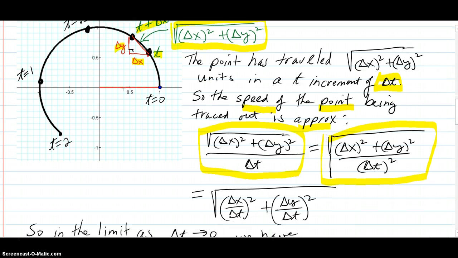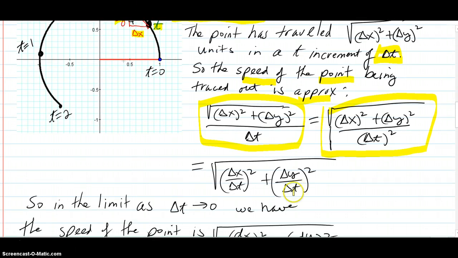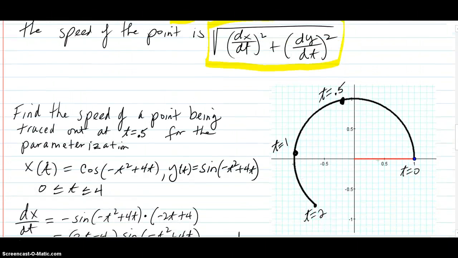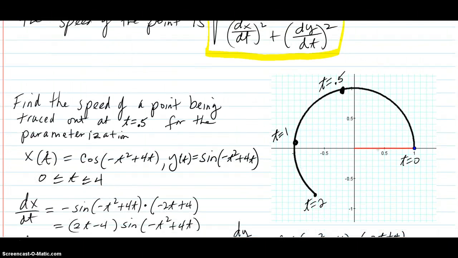And then that leads to this formula as you divide delta t into both. And of course now when the limit as delta t goes to 0, we have our speed formula right here. And we can do an example of that.